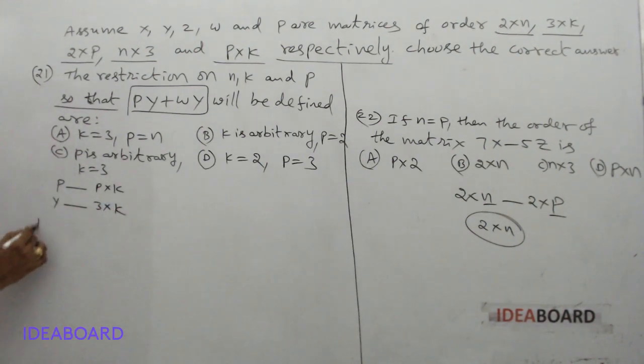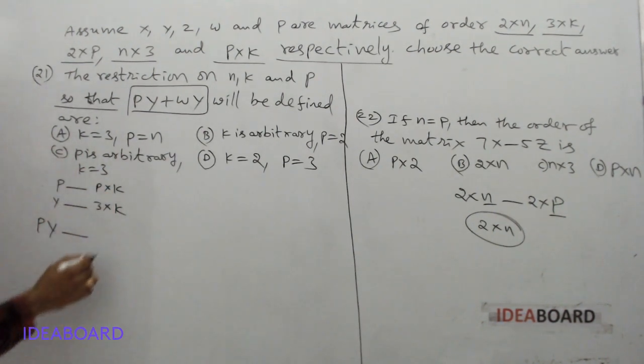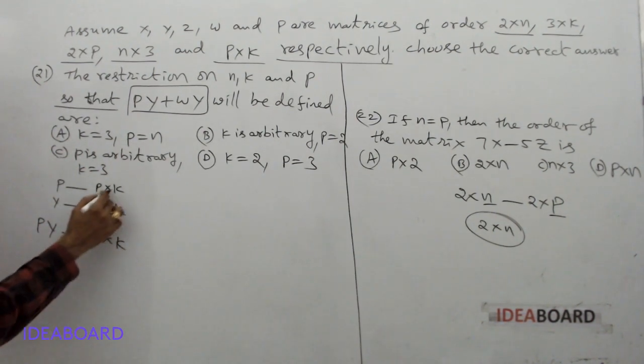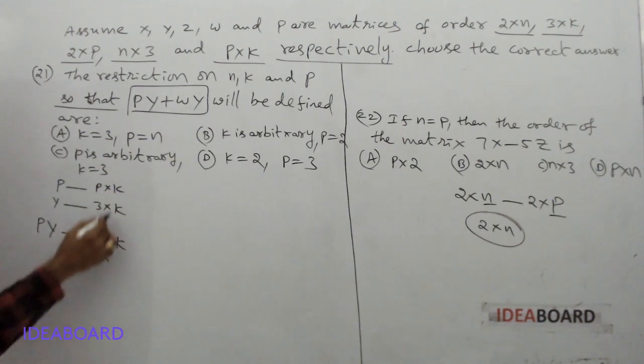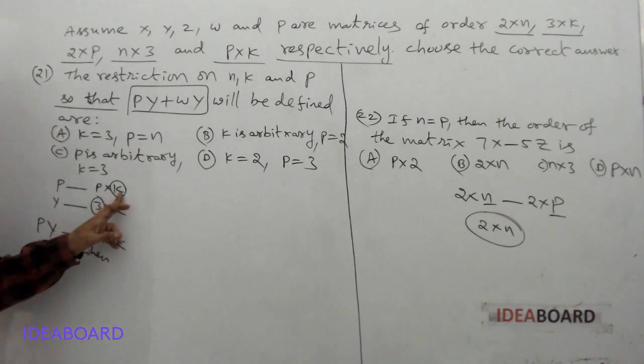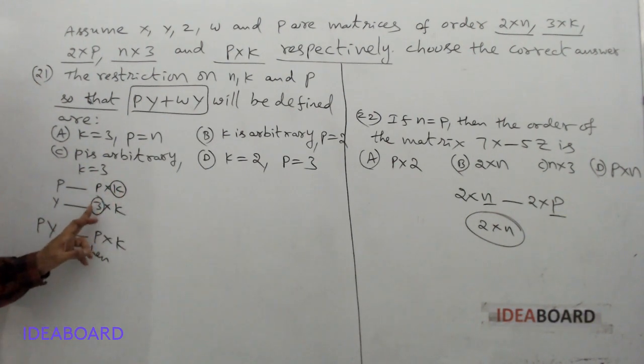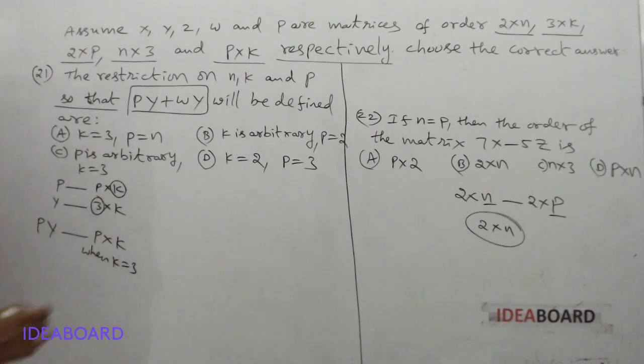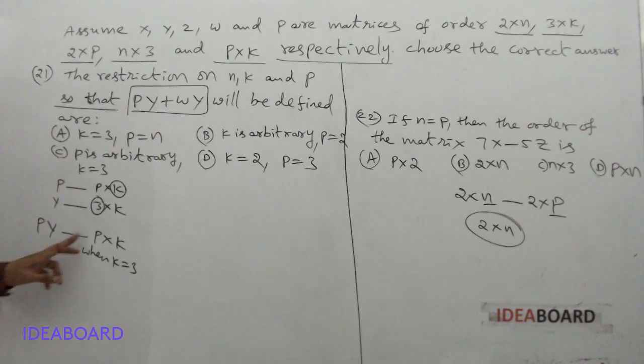When you multiply the two matrices P and Y, the number of columns in the first matrix must be equal to the number of rows in the second matrix. So k should be equal to 3. When k equals 3, we get the order of PY equal to p by k.